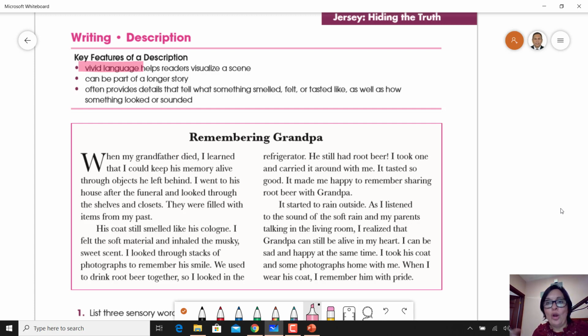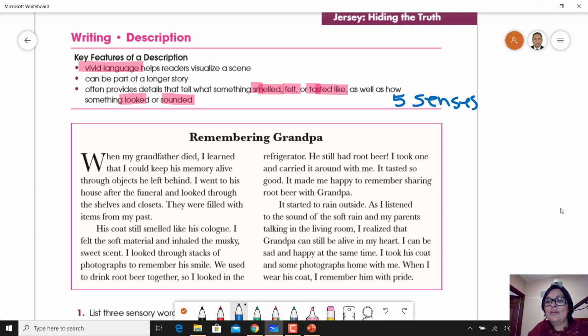Can be part of a longer story is the number 2, and the number 3 says often provides details that tell what something smelled, felt, or tasted like, as well as how something looked and sounded. In other words, vivid language or a description has to appeal to the 5 senses.